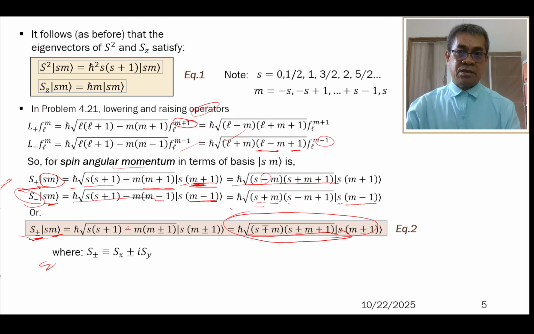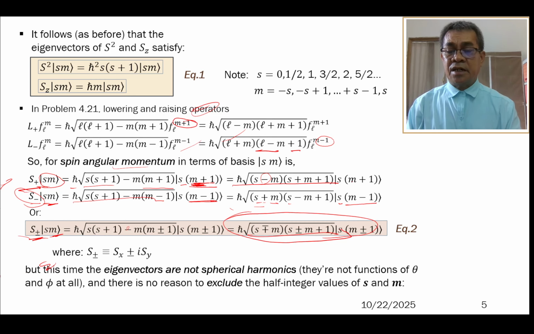So this is the same as what we did in orbital angular momentum. But this time, the difference is the orbital angular momentum is a kind of spherical harmonics. The wave function, the eigenfunction is a kind of spherical harmonic. Why?